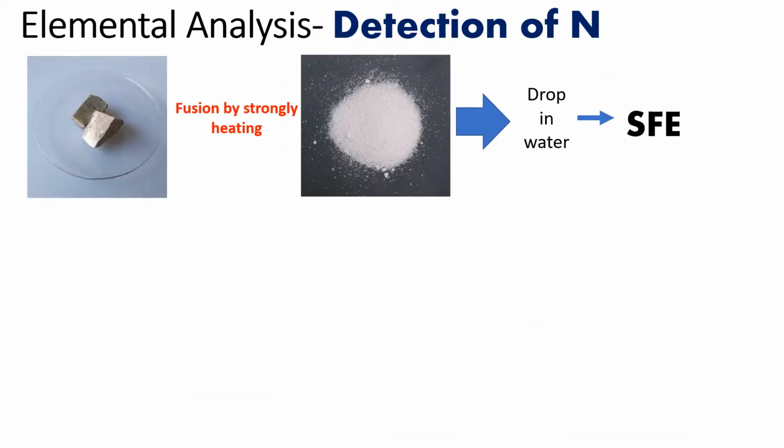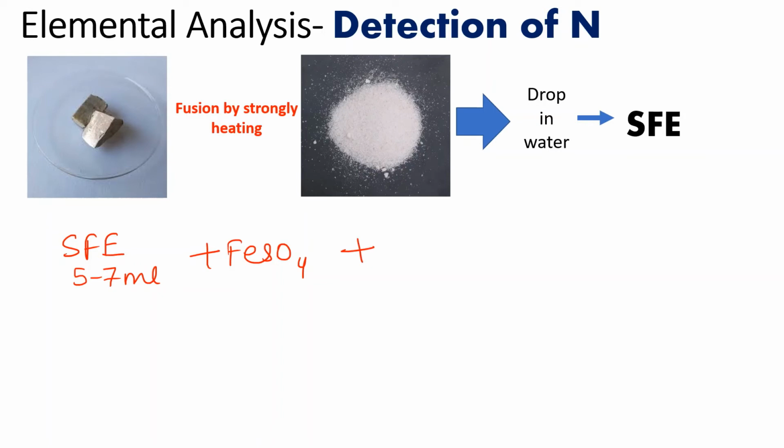Now let us start with the detection of nitrogen. This is the very specific test for detecting the presence of nitrogen. Now few ml, like 5 to 7 ml, of the sodium fusion extract is taken. In this we will add some amount of saturated ferrous sulfate, FeSO4.